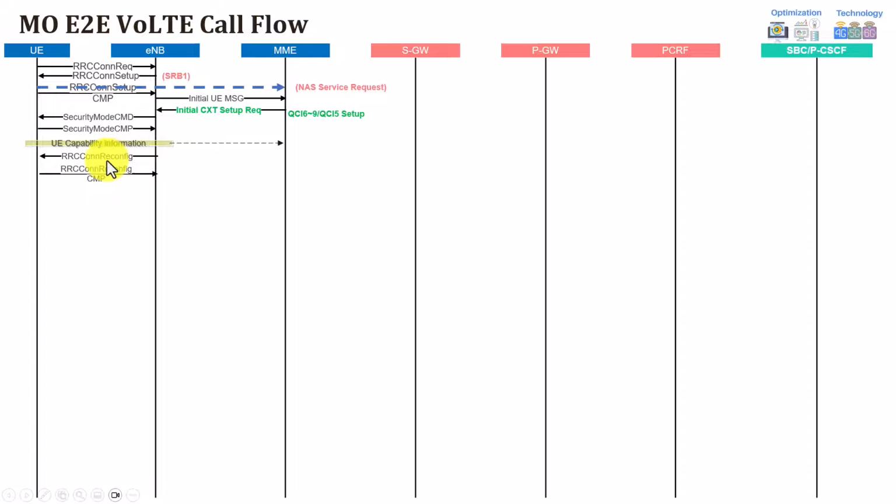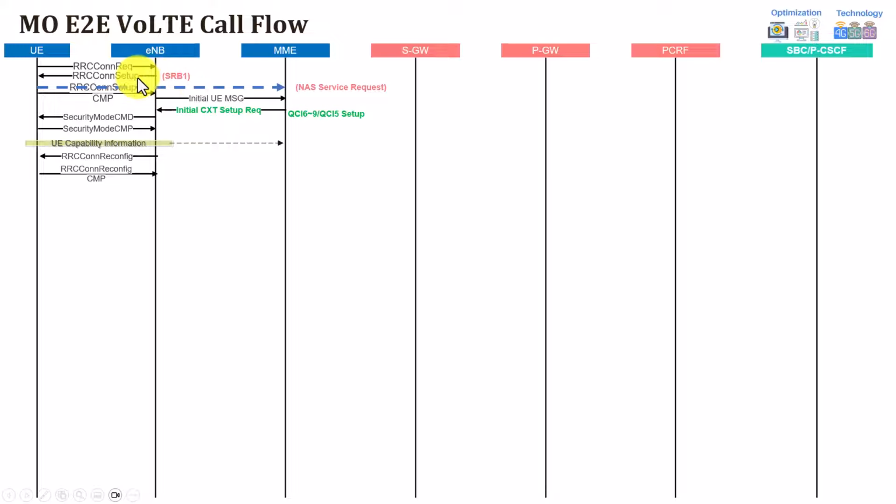Then you will have the RRC configuration message, which includes the bearers and the quality of service of both of them, trying to establish the DRB, the data radio bearer, for this particular user. This RRC connection setup includes something called signaling radio bearer 1, which includes the information that will be used, for example, to start transmitting the subsequent messages, such as the security and UE capability information. This will in general be used for NAS messages, to transfer RRC messages and NAS messages.